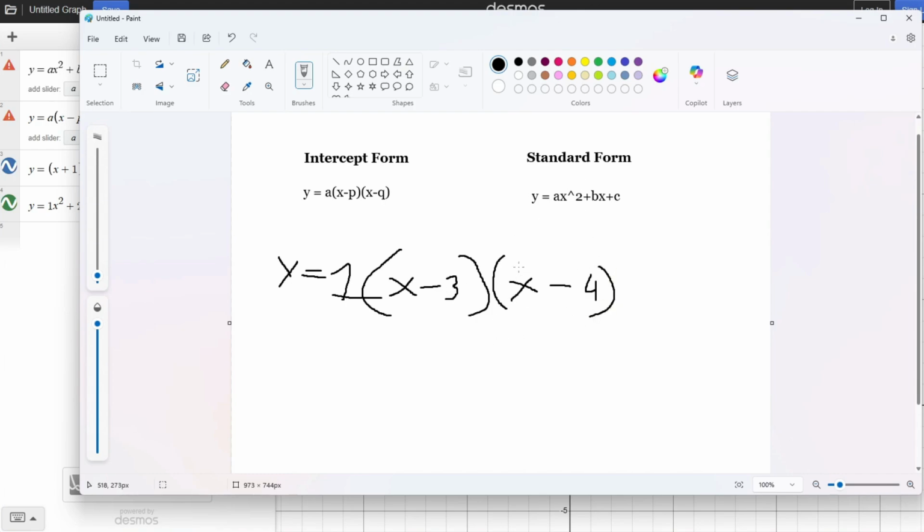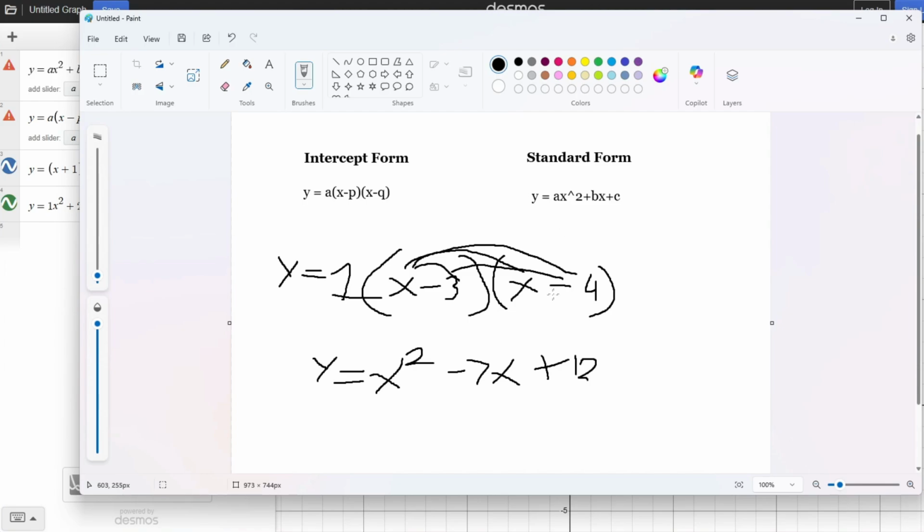To expand, we multiply: x squared, then negative 4 times x is negative 4x, and negative 3 times x is negative 3x. Adding these makes negative 7x. Now negative 3 times negative 4 equals positive 12.